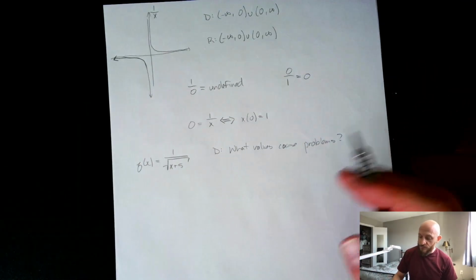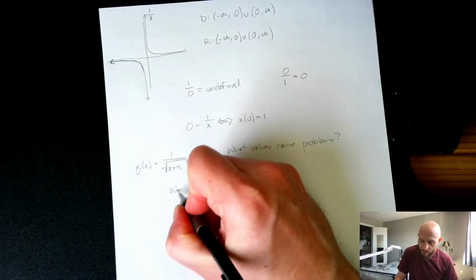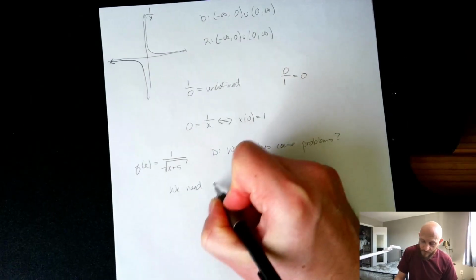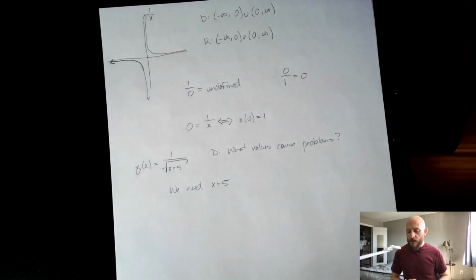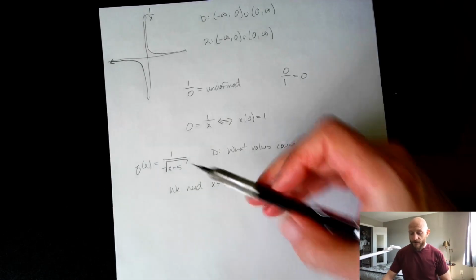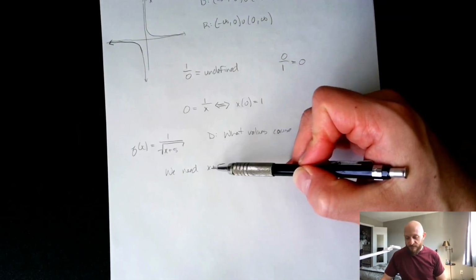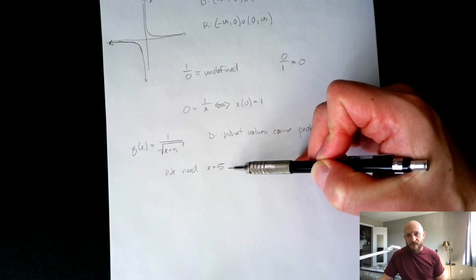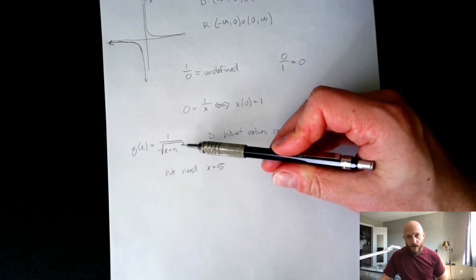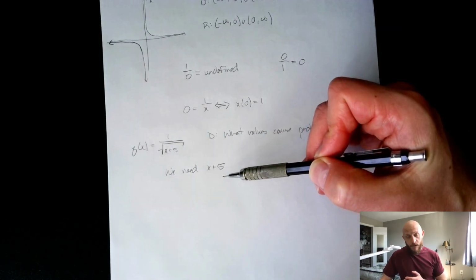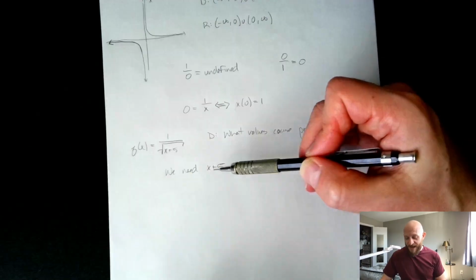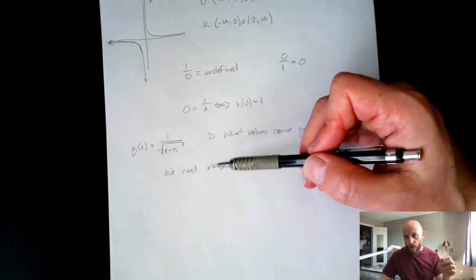So in other words, we need x plus 5 to be positive, because it's under the radical. If x plus 5 turns out to be something negative, then you have a negative under the radical. So we need x plus 5 to be greater than or equal to 0, just to not worry about the radical.